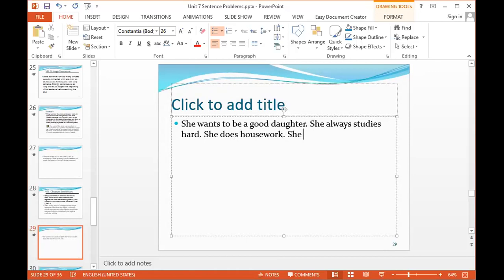She usually goes shopping for her mother. She never complains. Okay. Of those tasks. Example. So you can see that we combine a lot of sentences, right?